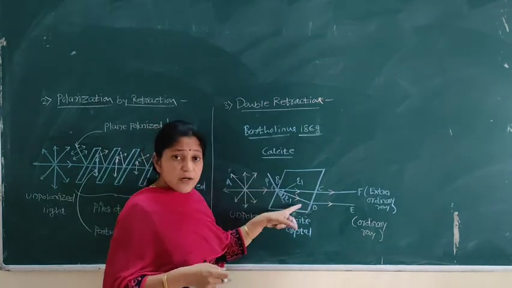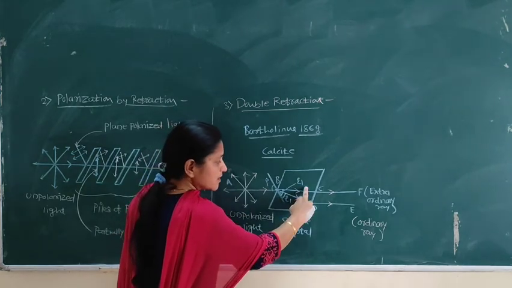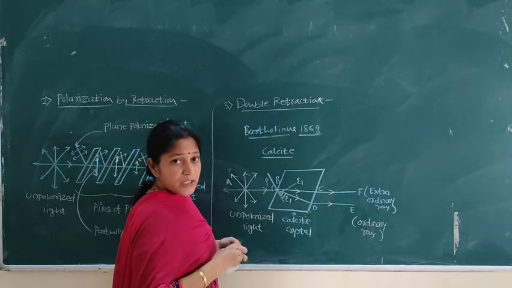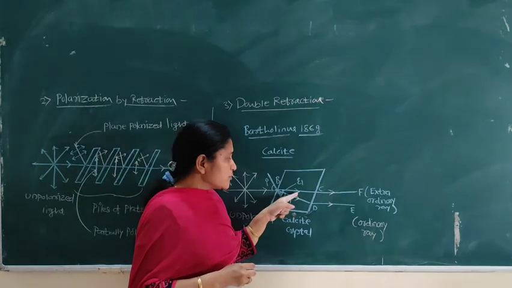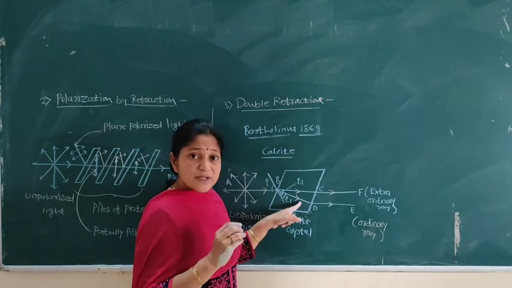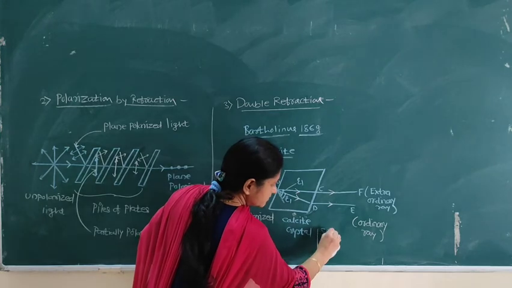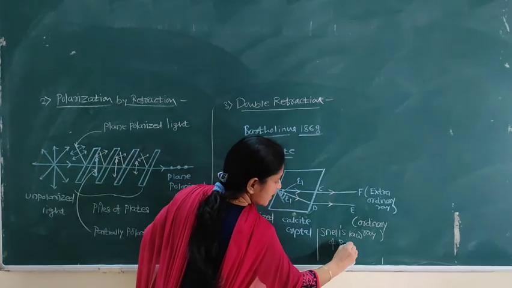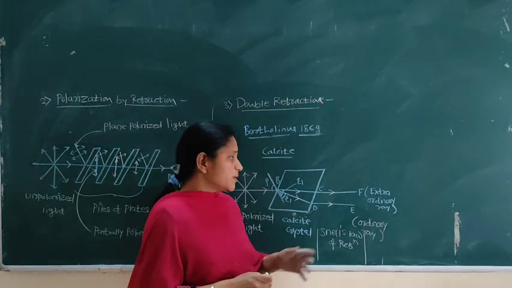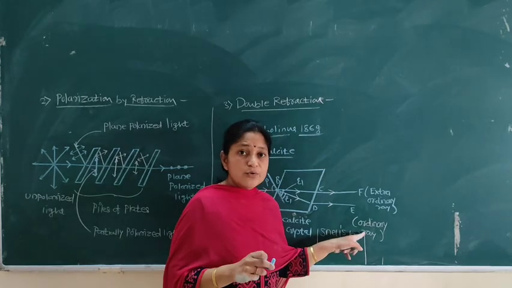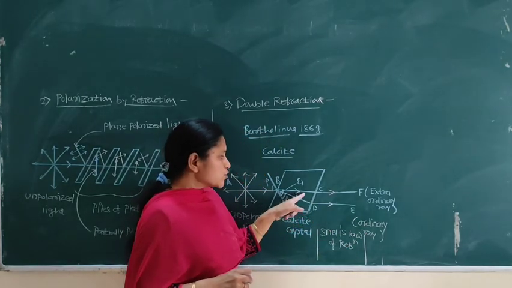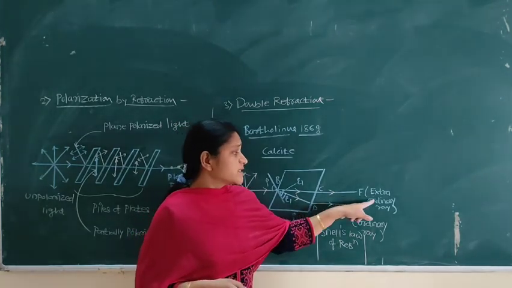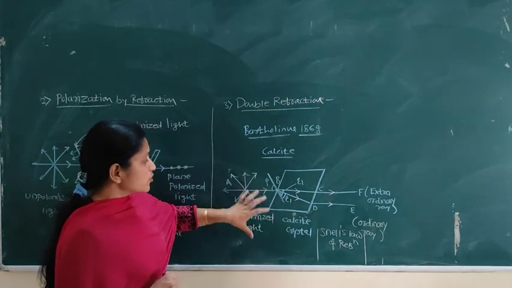The phenomenon of producing two refracted rays by the crystal is called double refraction. The ray which obeys Snell's law of refraction is said to be an ordinary ray or O ray. And the ray which does not obey Snell's law of refraction is said to be an extraordinary ray. One more time I will explain.